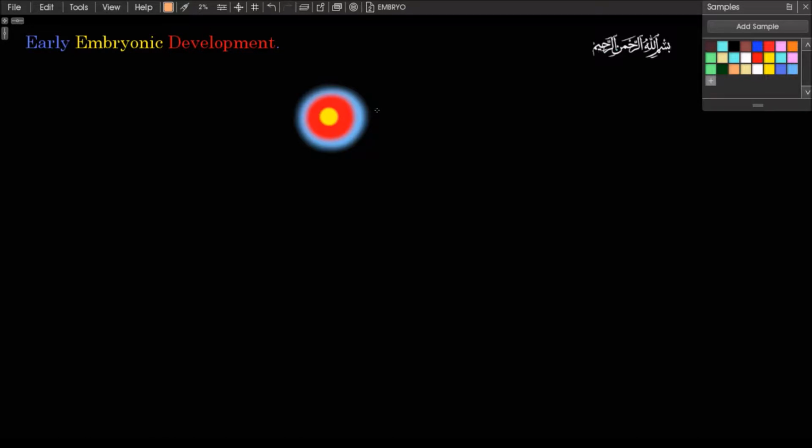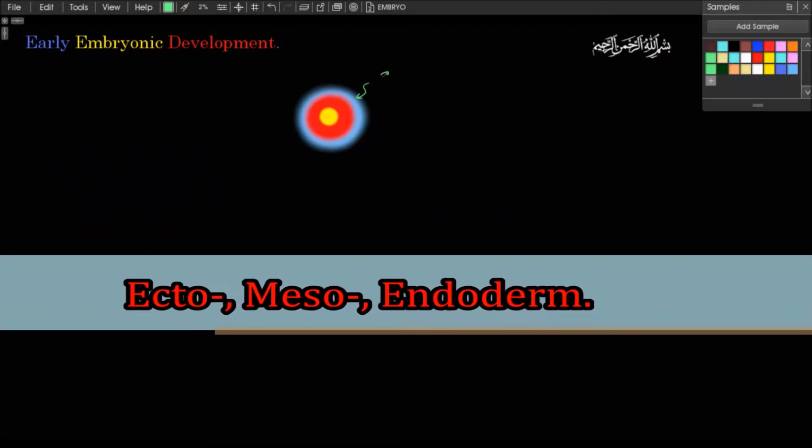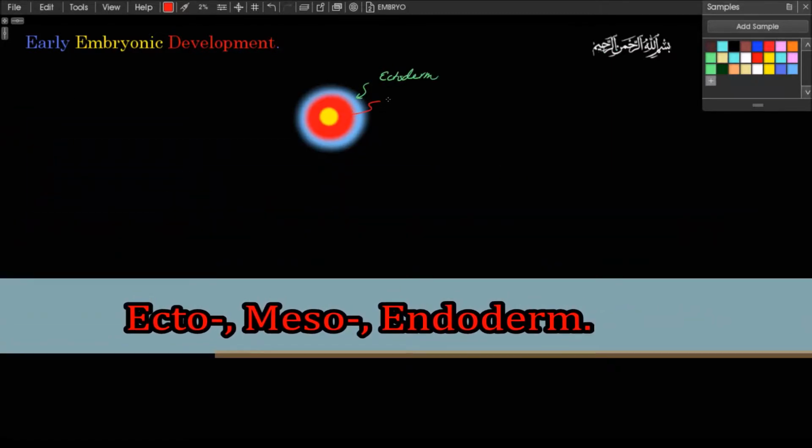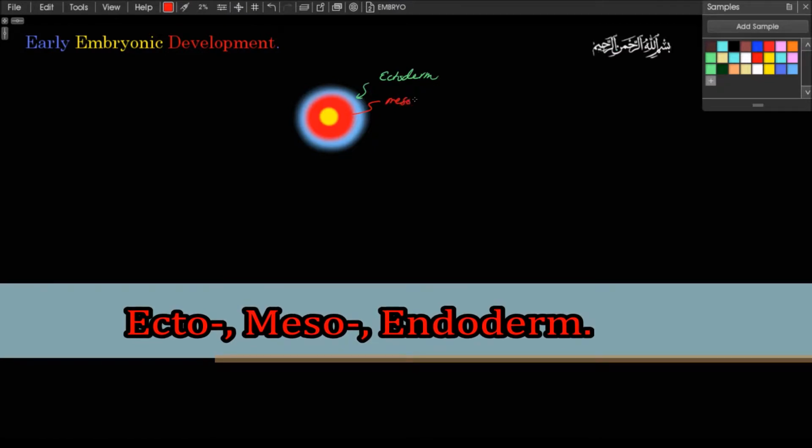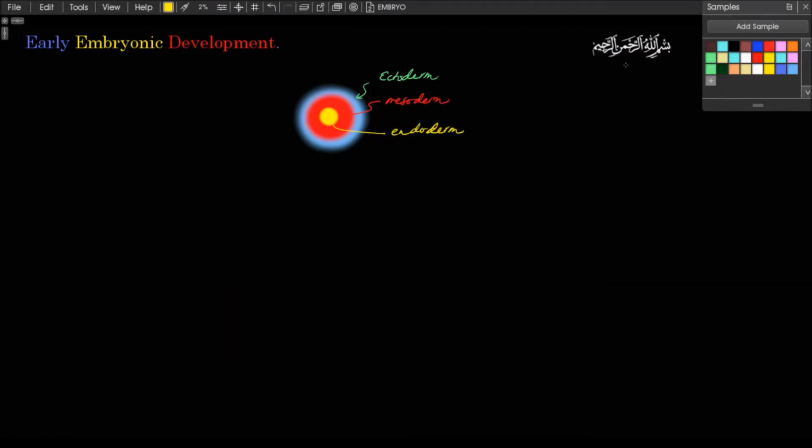As you know, one of the key features of the animal kingdom is that the organisms are made of tissues. And you will see that the majority of the animal kingdom is made of three types of tissues. The outermost layer is called the ectoderm, the middle layer is called the mesoderm, and the innermost layer is called the endoderm. So these three layers of tissue give rise to all the different types of tissues and organ systems in an organism.